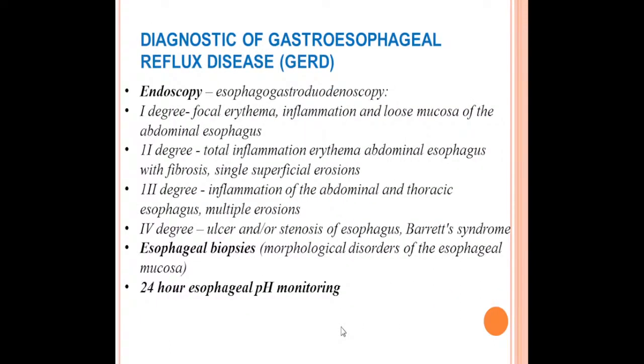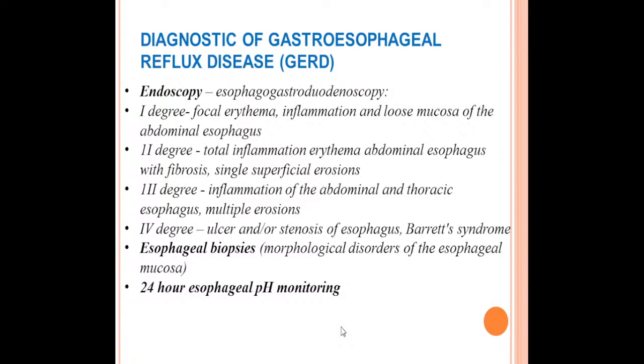For the diagnostics of gastroesophageal reflux disease, the gold standard is 24-hour esophageal pH monitoring. But endoscopy is also very important. Endoscopy involves esophagogastroduodenoscopy, and pathology of the esophagus may be of 4 degrees. First degree is focal erythema and inflammation and loose mucosa of the abdominal part of the esophagus.